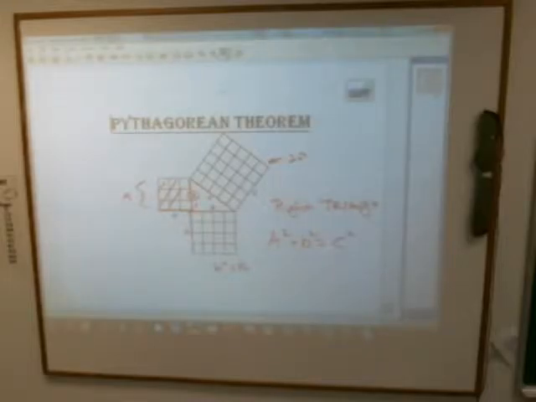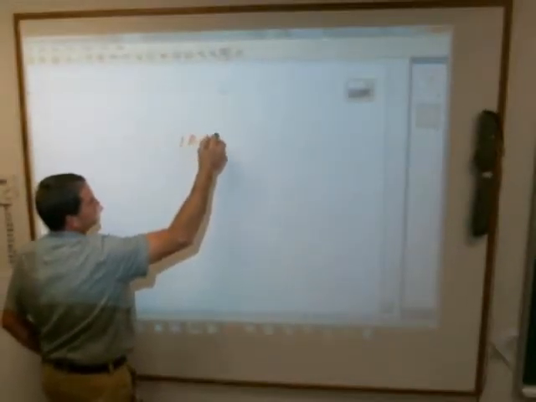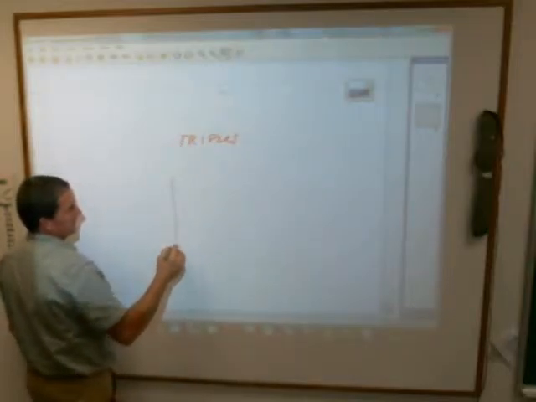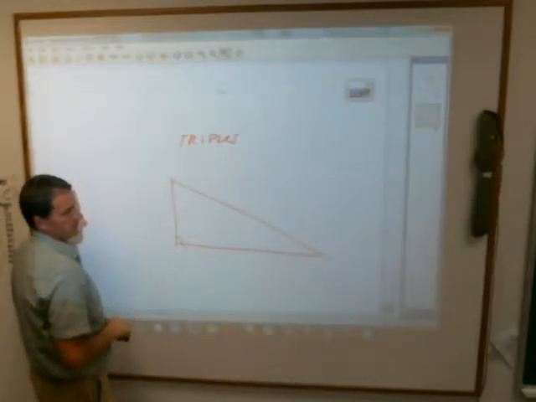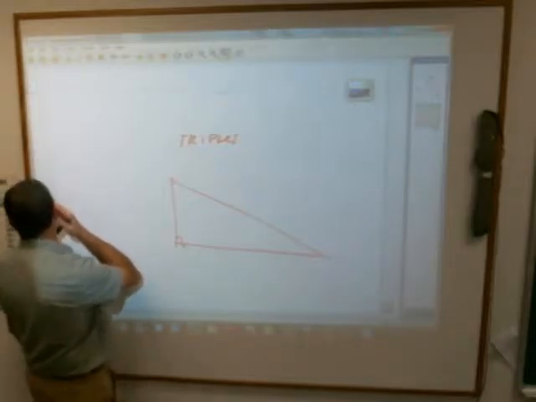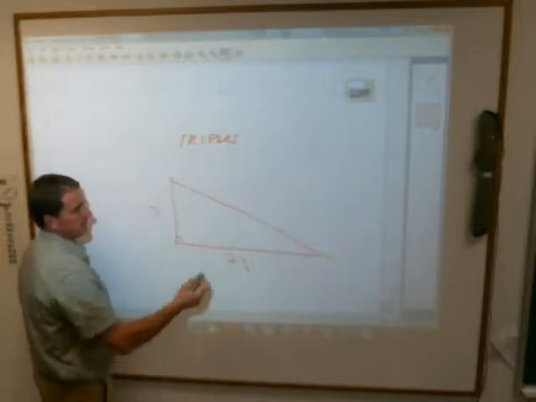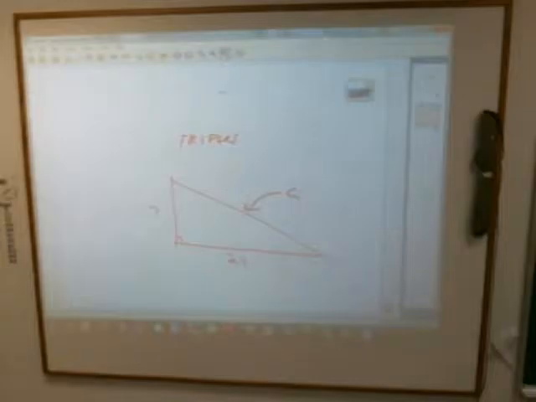So what this means to you and me in everyday applications, under the triples, is if you have a triangle here, and the book gives you 2 of the dimensions, let's say this is 7 and this is 24, and they say find side C, the first thing you look for is, is it a triple?